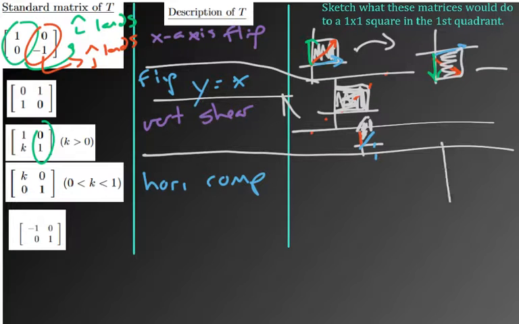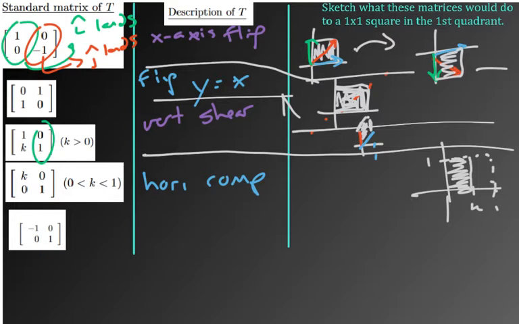So we would basically get something like this. If this was 1, let's say, and k is maybe halfway, that's the box I started with, and we would have that sort of thing. So it would be squishing the box over, and you could get a super small little rectangle and things like that.